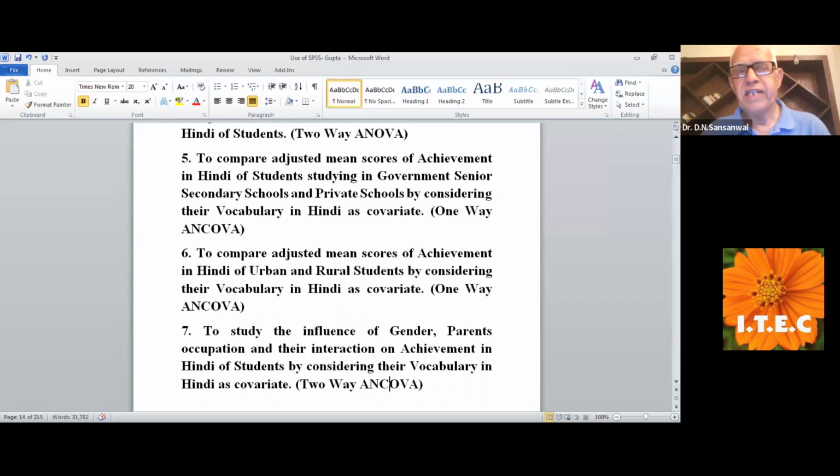So you can analyze the data with the help of t-test, one-way ANOVA, two-way ANOVA, two-way ANCOVA, one-way ANCOVA. So like this, you can write as many objectives as you like. I'm not very sure whether you have studied all these things or not.